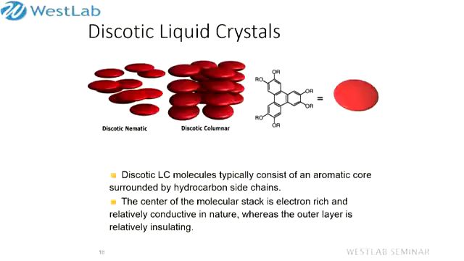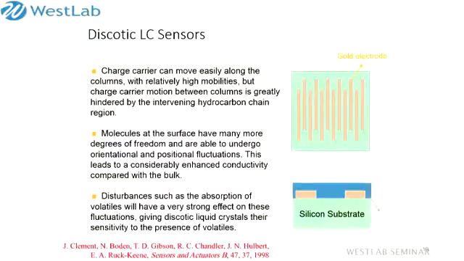The center of the molecular stack is electron-rich and conductive in nature, whereas the outer layer is relatively insulating. In the discotic liquid crystal sensor, charge carriers can move easily along the columns with relatively high mobility, but charge carrier motion between columns is greatly hindered by the intervening hydrocarbon chain region.